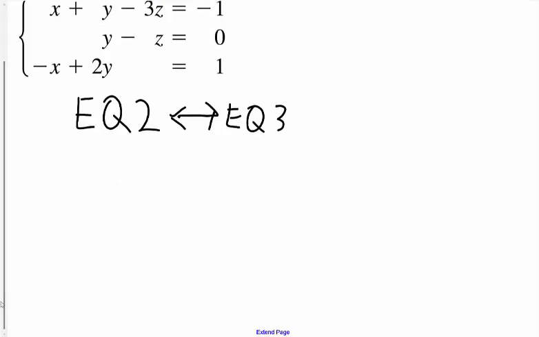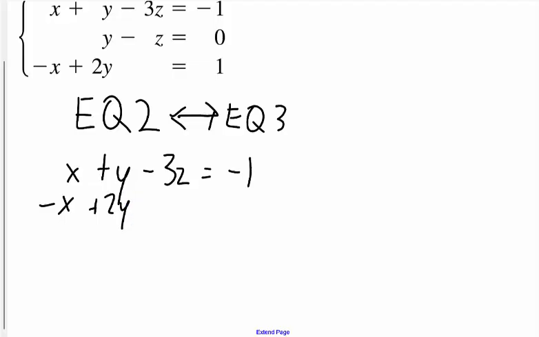So if we do that, our first one is still x plus y minus 3z equals negative 1. Our second one now becomes negative x plus 2y equals 1. And our third one is now y minus z equals 0. All right. So now let's do this in the way we normally do it. We have it like this.